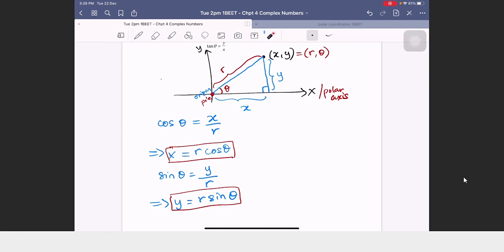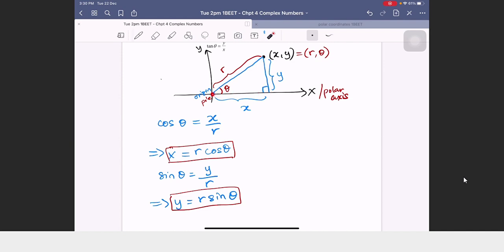Still the same diagram, but let's say I want to express my r in terms of rectangular. So that means forget about theta, look at r, y, and x from the right angle triangle.